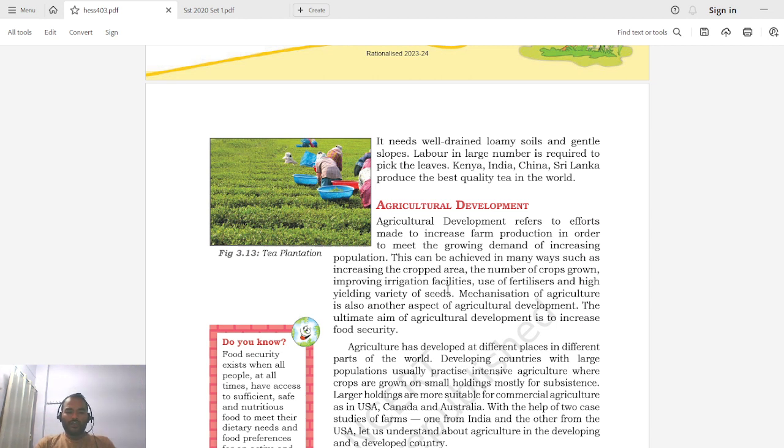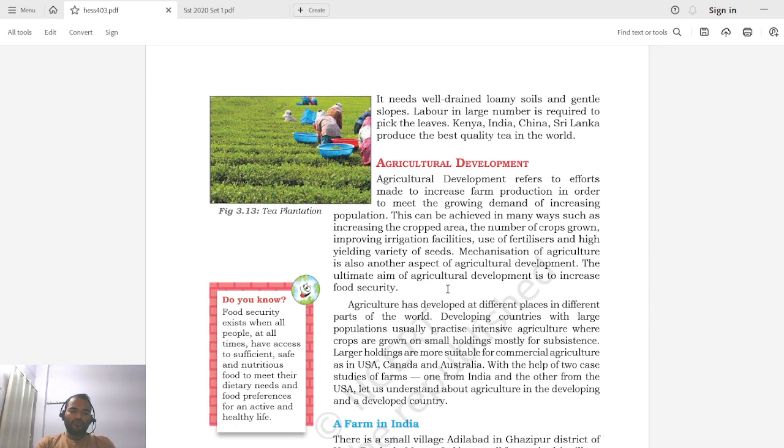So what does food security mean? Food security means that for a given time, in a given area, under given circumstances, also considering some emergencies, a particular government or particular nation holds sufficient stock so that they are able to feed the complete population with this stock, right?